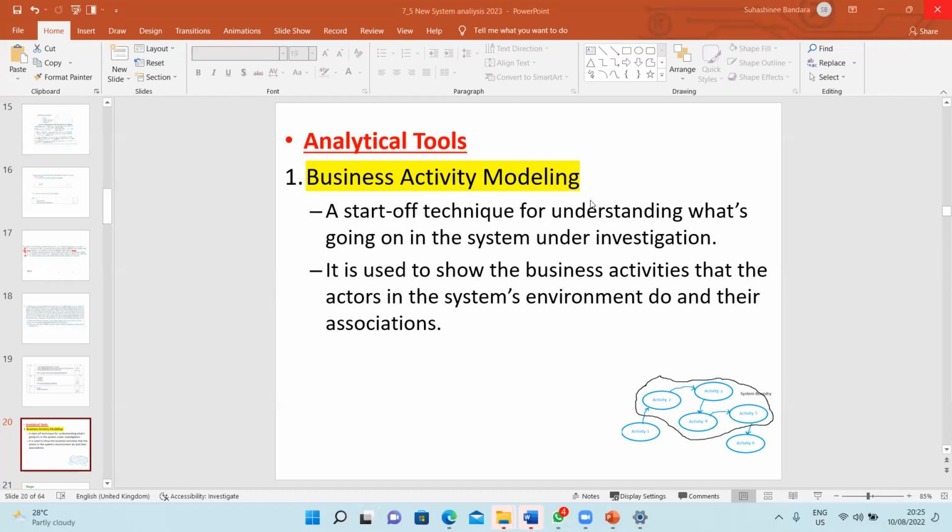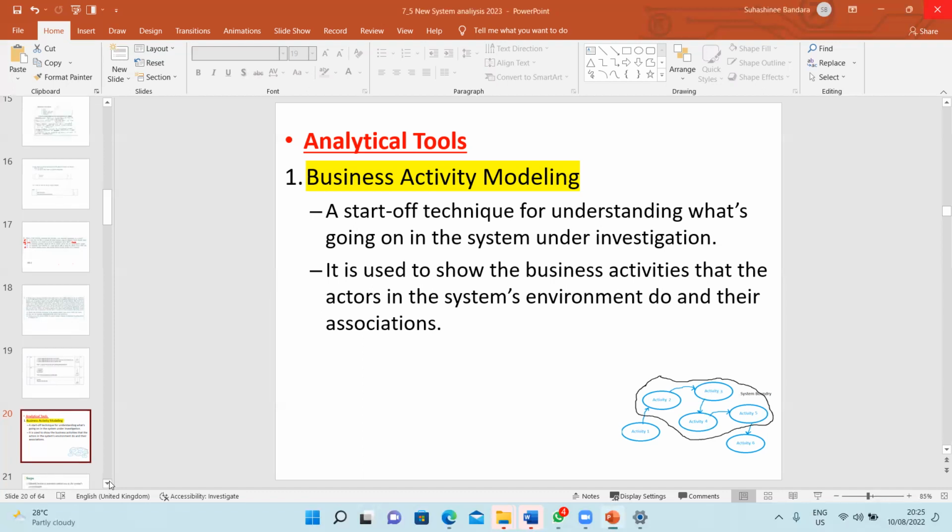According to that, we are going to draw the activity diagram of the system. It is used to show the business activities that the actors in a system environment do, and their association: who are the people involved with the system and what activities are going on. We are going to discuss this in the business activity diagram.